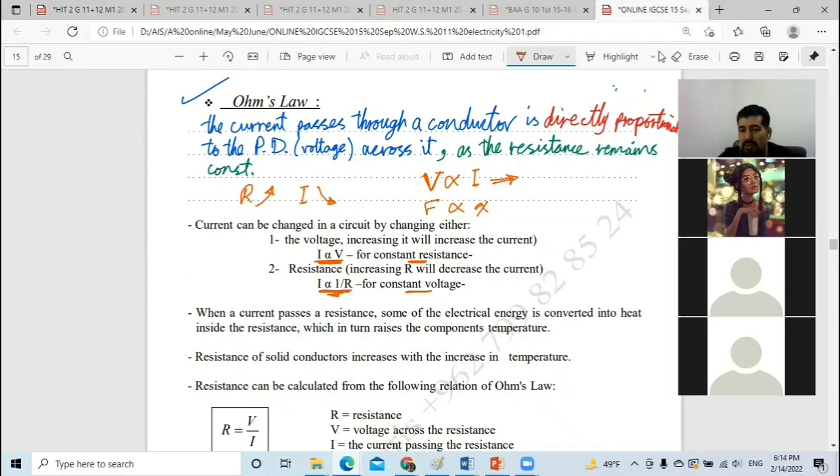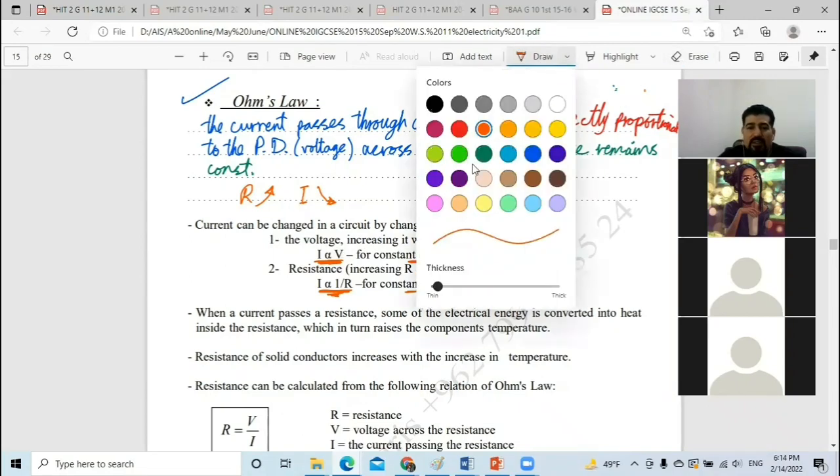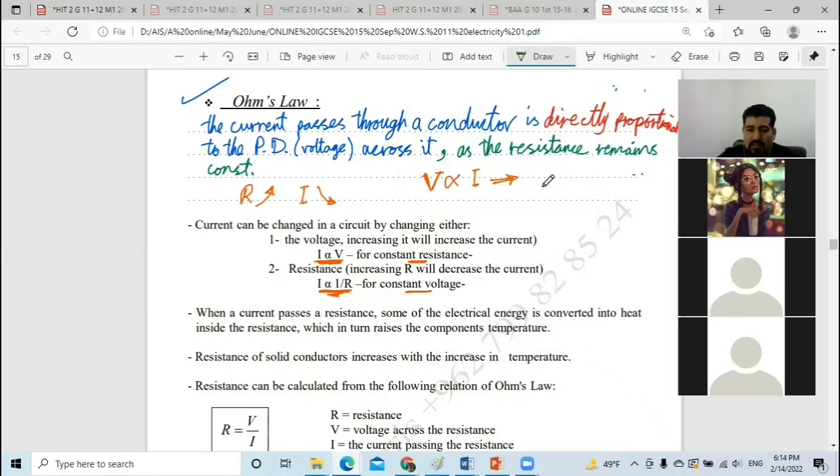The constant value was the resistance. So V equals I multiplied by R. V equals IR. This is Ohm's law in words, in letters.